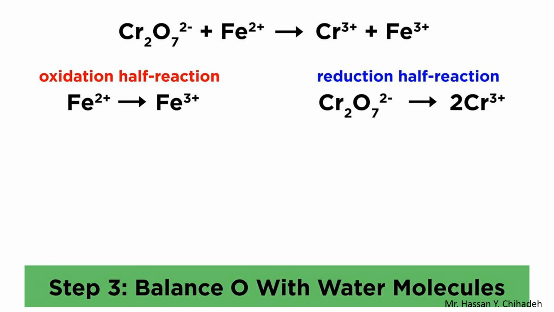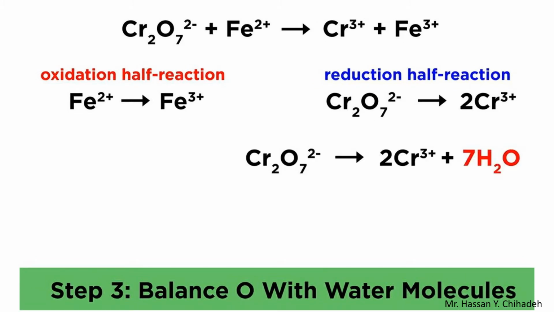Then step 3, balance oxygen with water molecules by adding water molecules wherever needed. For reduction half reaction, we have 7 oxygen atoms on the left hand side. So we add 7 water molecules on the right hand side to balance the oxygen atoms.